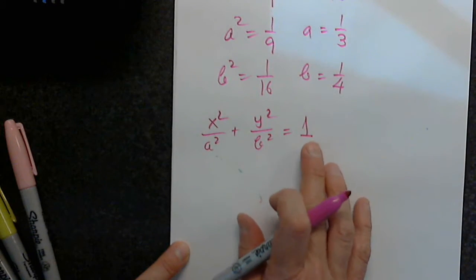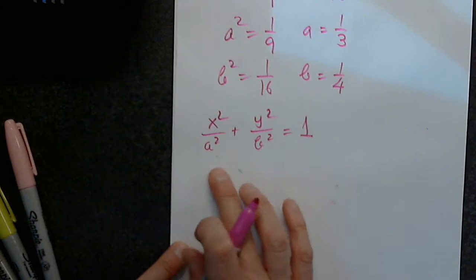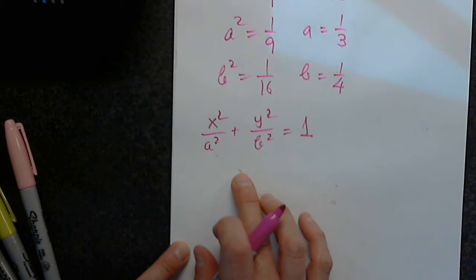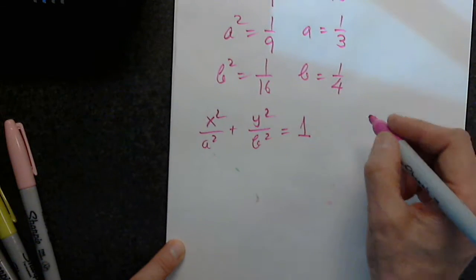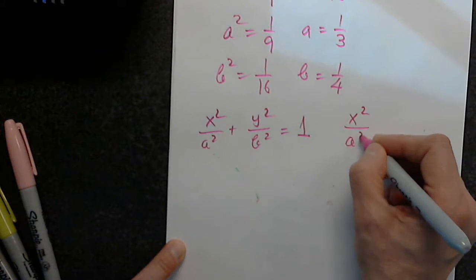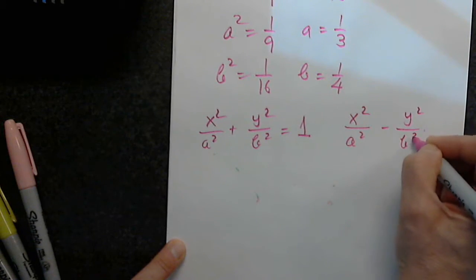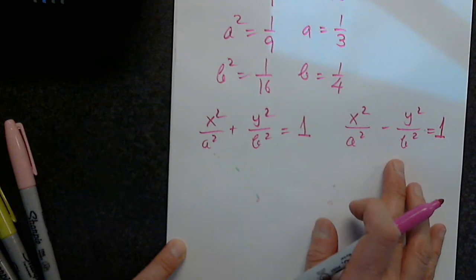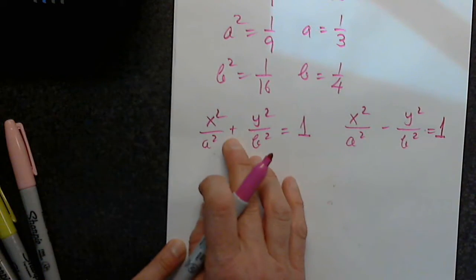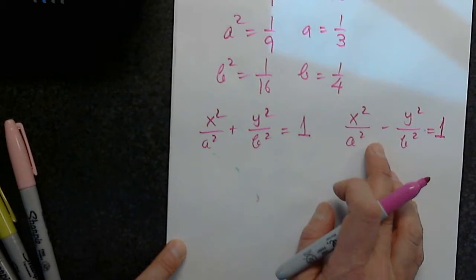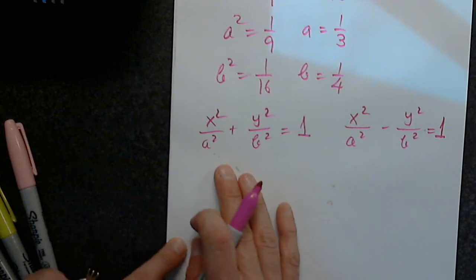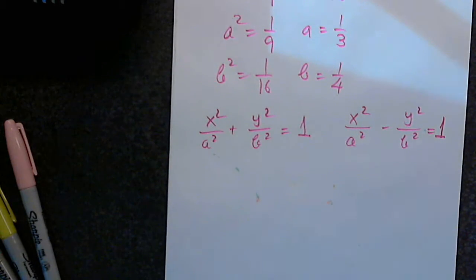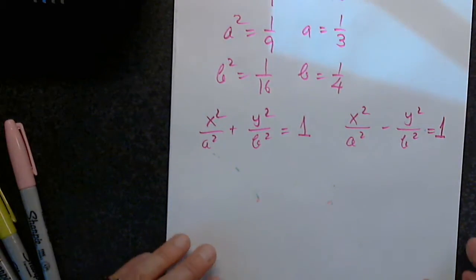Without 1, I would not be able to identify the major and minor axis. And in this case, we have this. So the only difference is that one has plus and one has minus. Well, of course, a lot of other differences, just the difference when it comes to the equation, because the graphs are very different.